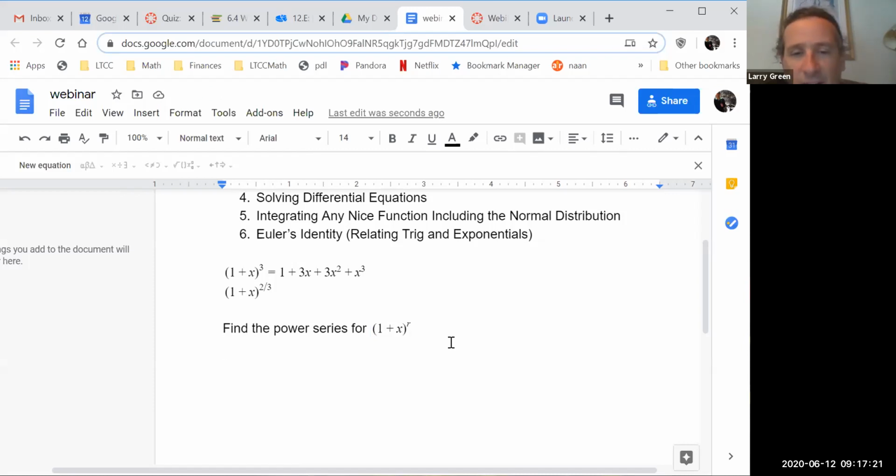And everyone tends to use r, I don't know why, but they all do. Any questions on the goal here? And in fact, let me write down for the binomial, 1 plus x to the r. They call this a binomial because binomial means there's 2 terms and we got 2 terms to a power. Any questions on this?